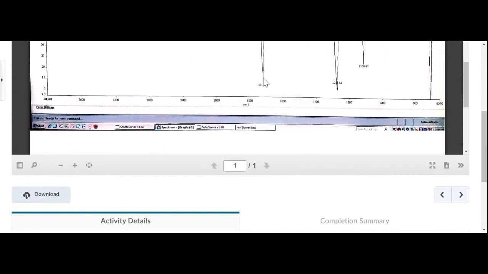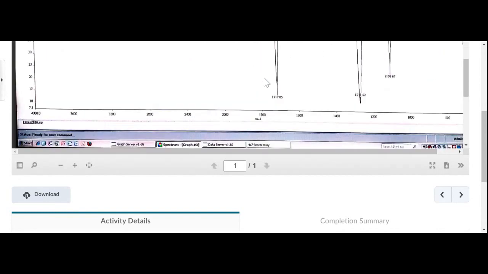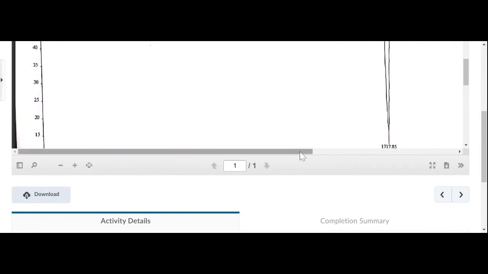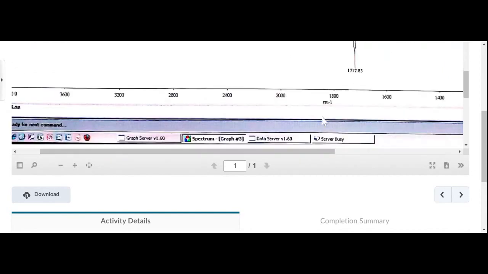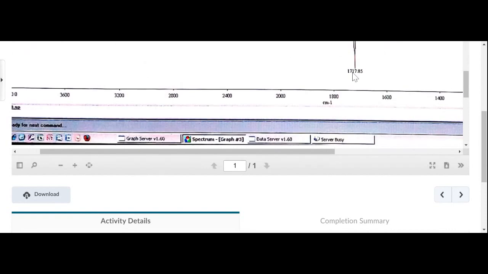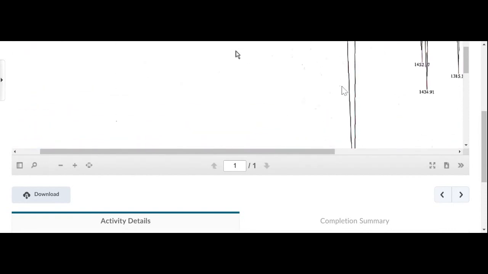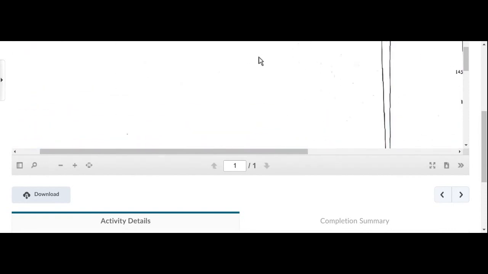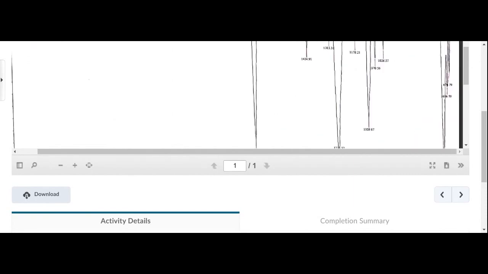If you notice here, the location of the peak is at 1718 or 1717.8. This peak is specific for esters.